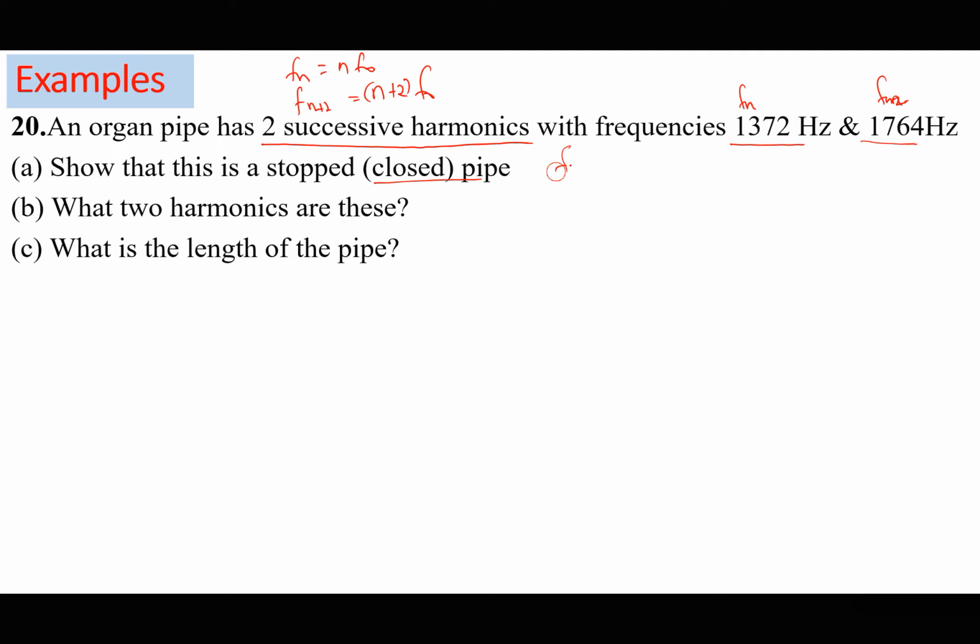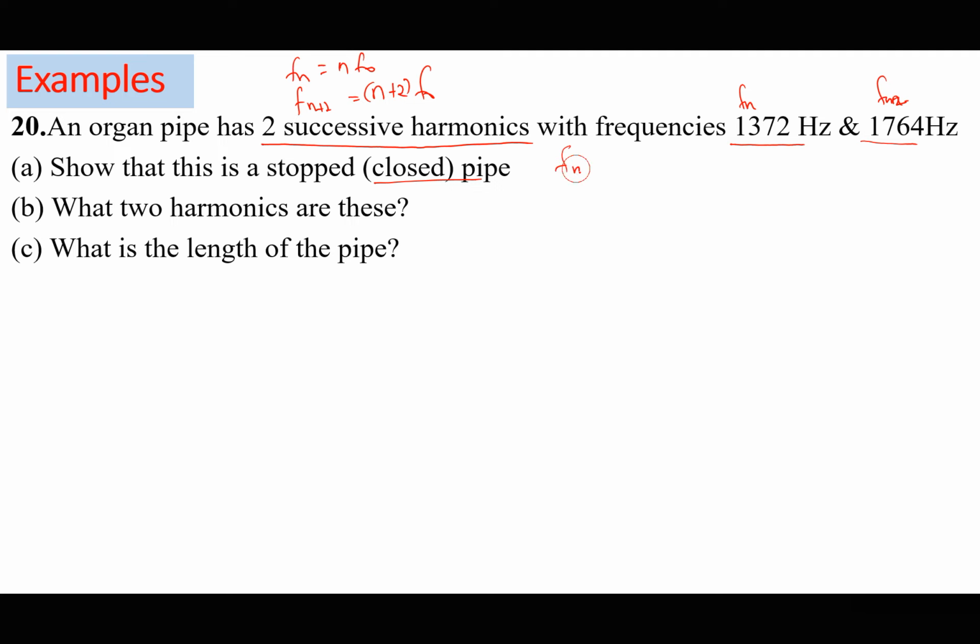So fn plus 2 minus fn is equal to (n plus 2) f naught minus n f naught. So I have 1764 minus 1372 being equal to, n f naught minus n f naught disappears, so I'll remain with twice f naught. So what is f naught? I'll subtract and divide by 2.